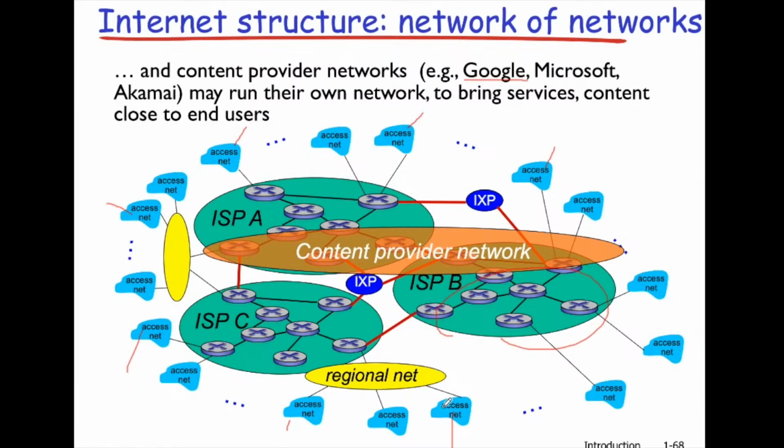But what's a bit odd is this. The content provider networks are actually physically at the lower level of the hierarchy, as opposed to the global ISPs, which are at the center of the hierarchy. Scale comparable, but where they are in the hierarchy, very different.